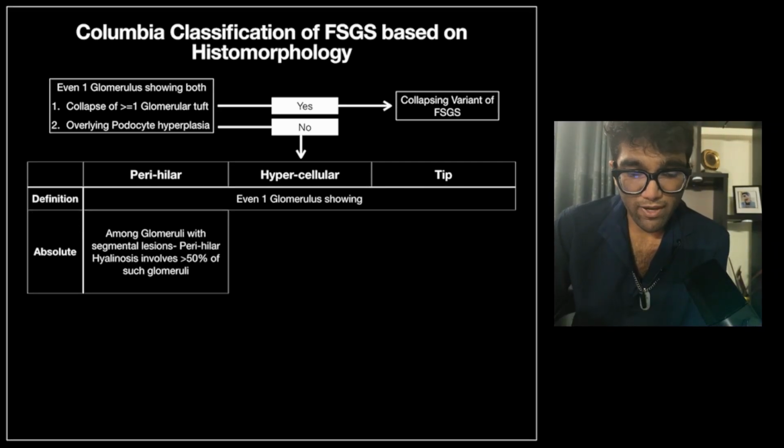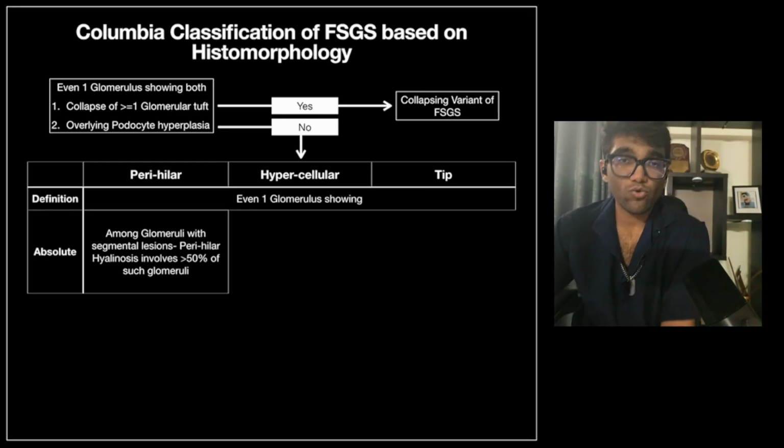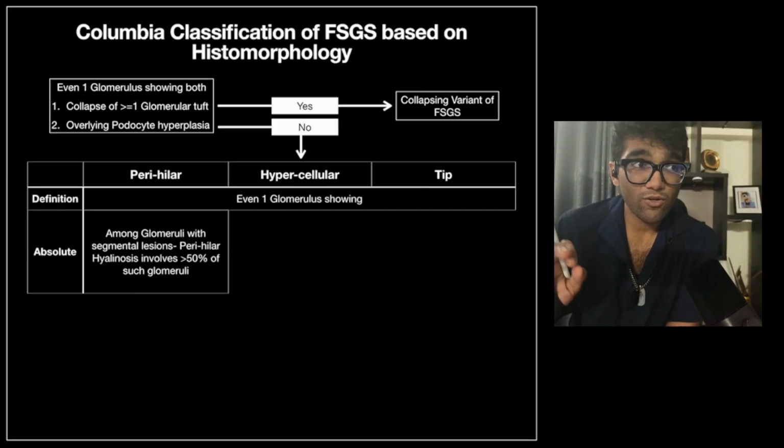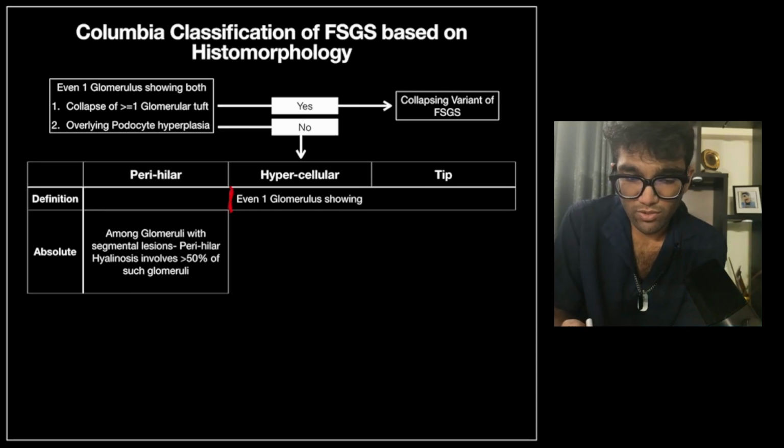In the case of the perihilar variant, among the glomeruli with segmental lesions, perihilar hyalinosis must involve more than 50% of such glomeruli. So the definition is hyalinosis, not sclerosis. It is specifically hyalinosis causing sclerosis that must be present in 50% of the glomeruli. So even one glomerulus only applies to these two. Okay, it's not here.